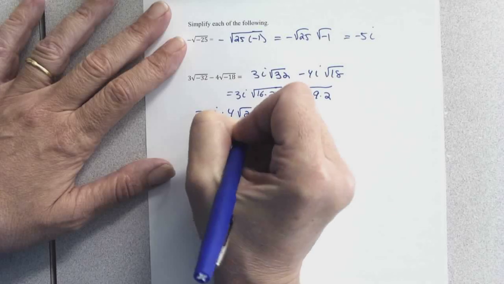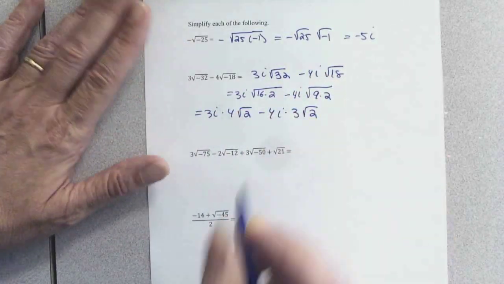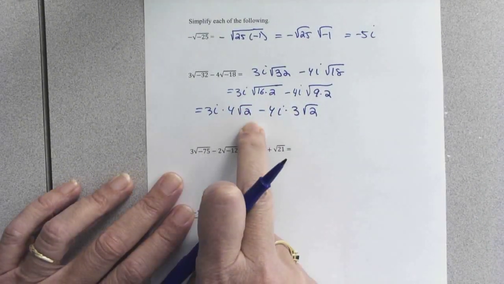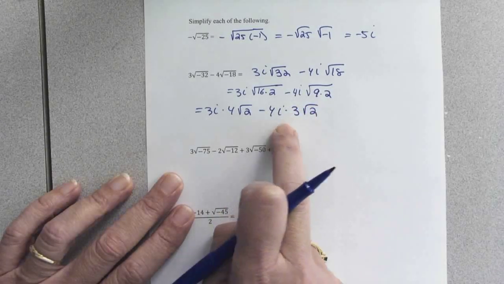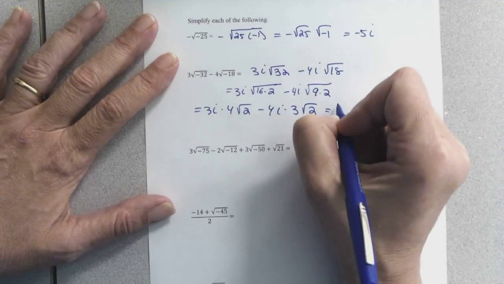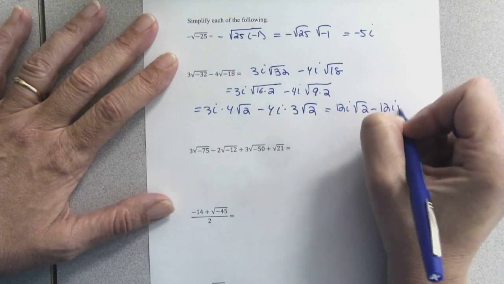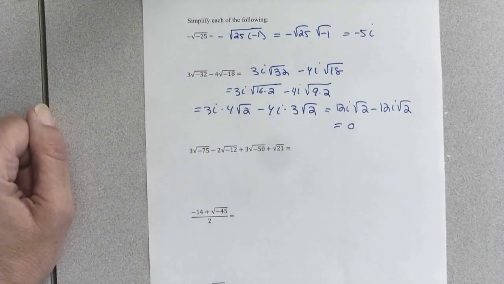Then continue to simplify. And again, I'm showing every step I can think to show. Square root of 16 is 4. Can't do anything with the 2, so that's left behind. Square root of 9 is 3. And so that's going to give me 12i square root of 2 minus 12i square root of 2, for an answer of 0.